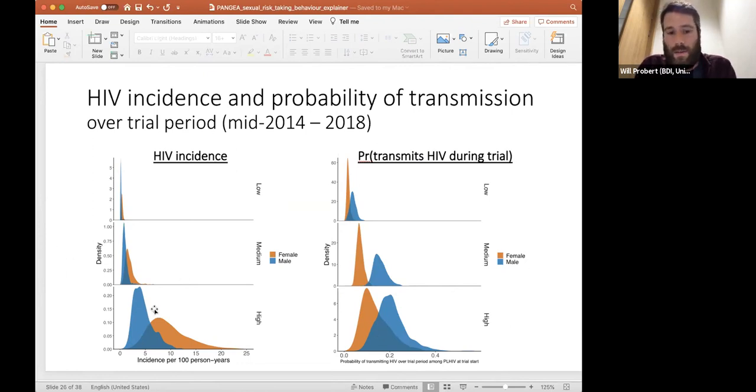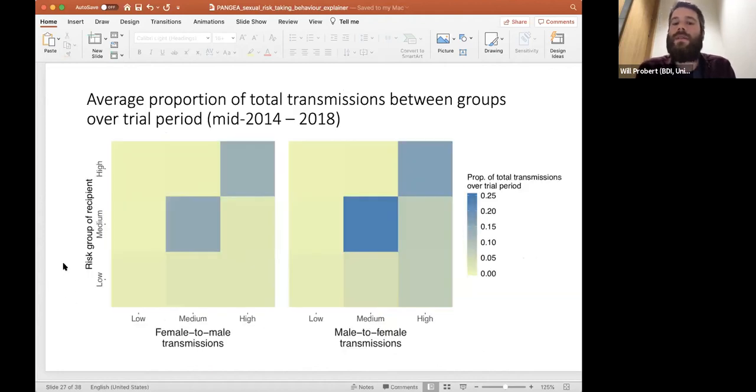So we do have a much higher incidence in the high risk group, but if we take into account the fact that the medium risk group is a lot larger in absolute size, and we look at the total number of transmissions over the course of the simulated trial, and what proportion of transmissions were from individuals of one risk group to another risk group, split into female to male transmissions on the left-hand side and male to female transmissions on the right-hand side, we can look at the proportion of transmissions across those risk groups.